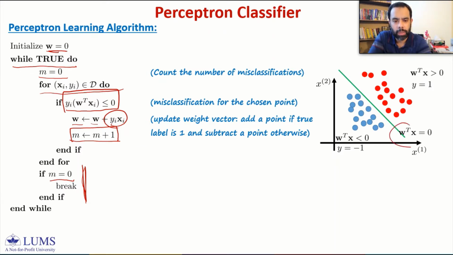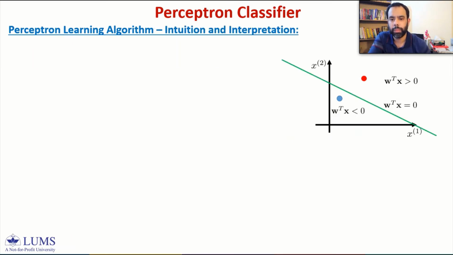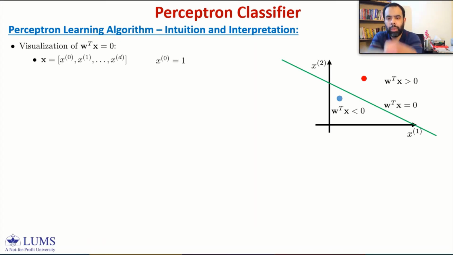Let's build some geometric intuition for this algorithm. Okay, first we talk about how you visualize w transpose x is equal to 0. If you remember, that's how we defined x. And we note x0 is equal to 1. Right? And this is the weight vector.